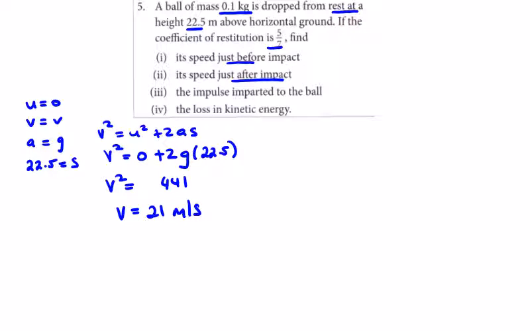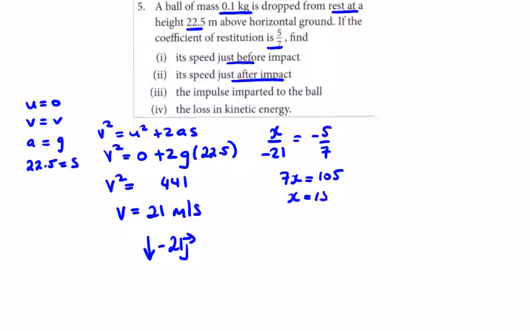Speed just after impact, well, we have minus here, minus 21 in the j direction. So the new over the old is equal to minus e. So 7x is equal to 105. So x is equal to 15. So that's positive j.